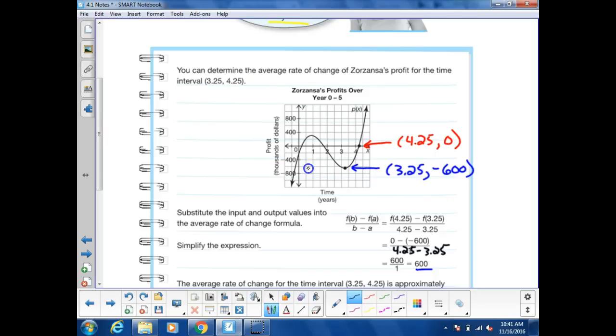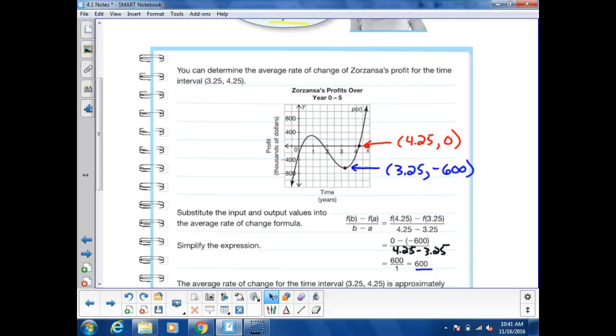Going down is decreasing. How can I use my finger to determine if a function is increasing? Trace my finger on the graph. If my finger moves up, the graph is increasing.